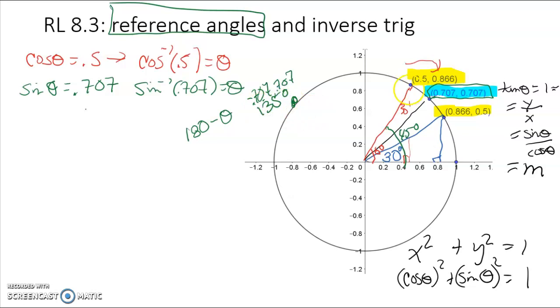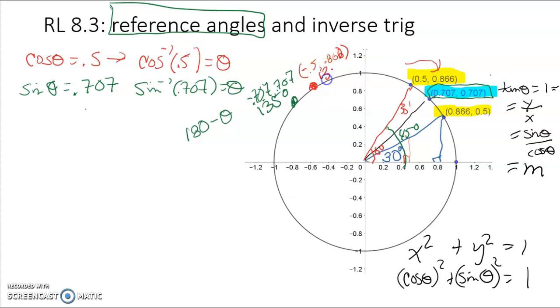We'll look at our red reference angle. That was 60. When we take 180 minus 60, we're going to be at 120 degrees. So right there at 120 degrees, we're going to be at negative 0.5, 0.866.